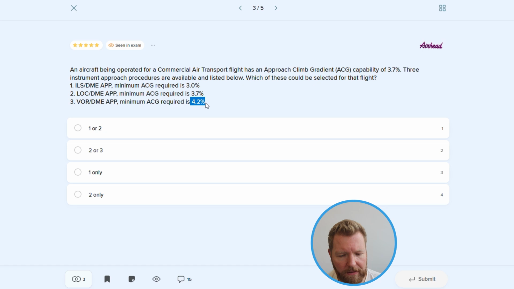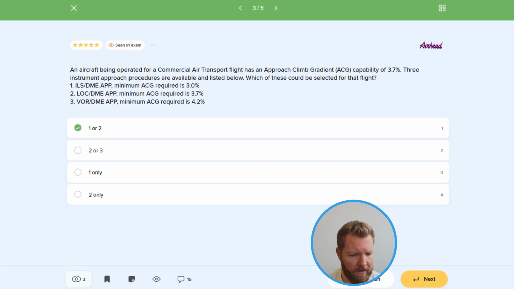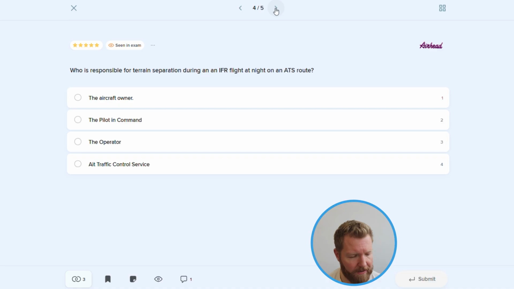The VOR DME here has a required 4.2% gradient, which is higher than our aircraft's performance capability of 3.7%. Therefore, we cannot use this one. So the correct answer is answer number 1, ILS DME and LOC DME. These are the procedures that we can select for this flight. And answer number 1 is correct.